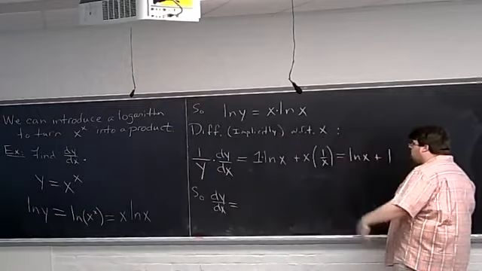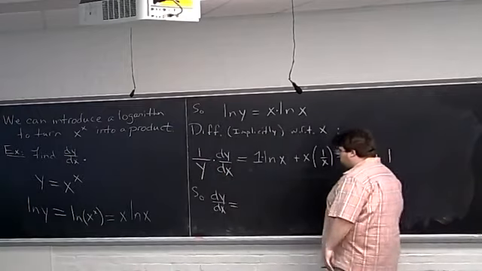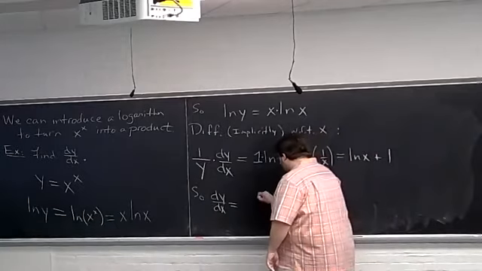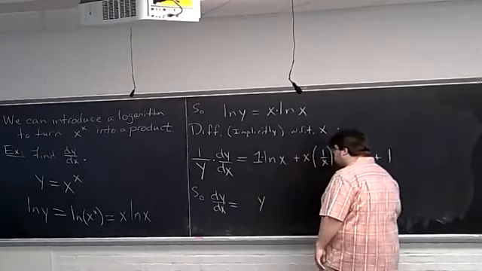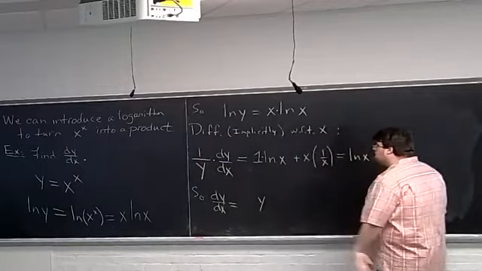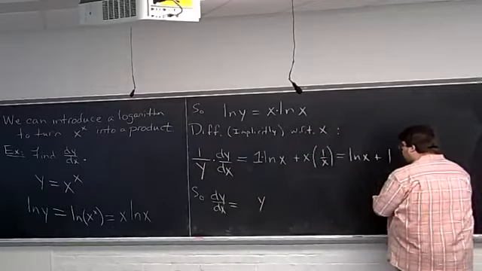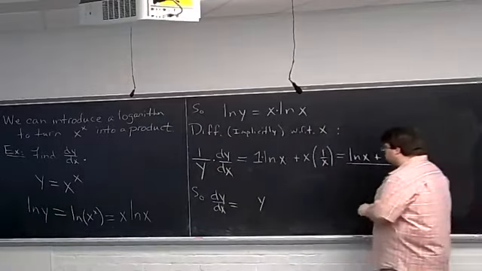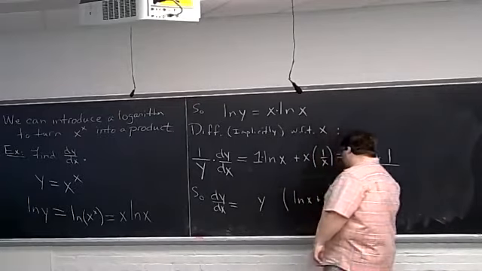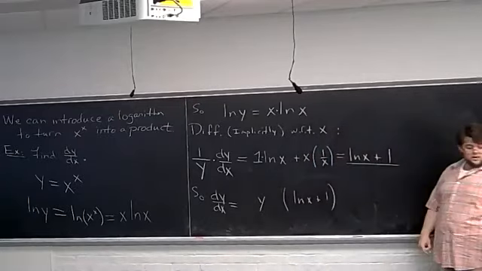Multiply the right side by y, and what do you get? Multiply left side by y, you have dy/dx. Multiply the right side by y, you have y times natural log of x plus 1.